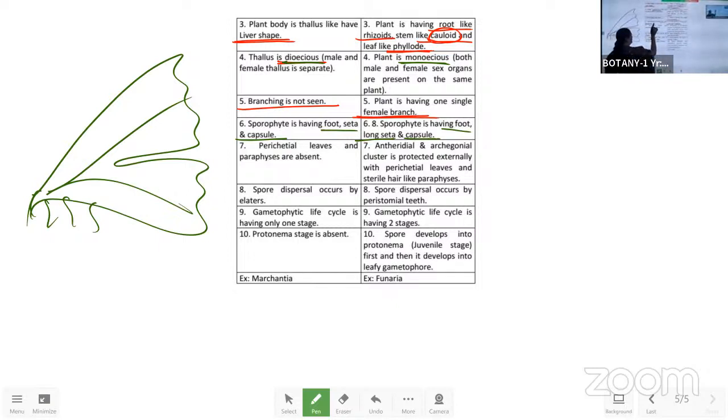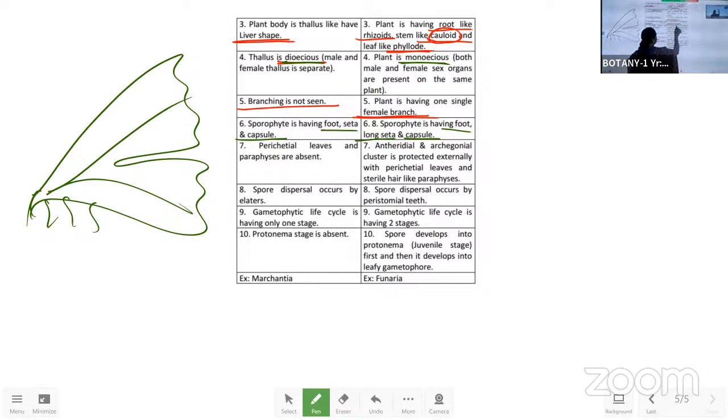And the male and the female reproductive parts present in the mosses, that is in the Funaria, are covered with special leaf-like structures and sterile hair-like structures. So in the mosses only, what we have to write?